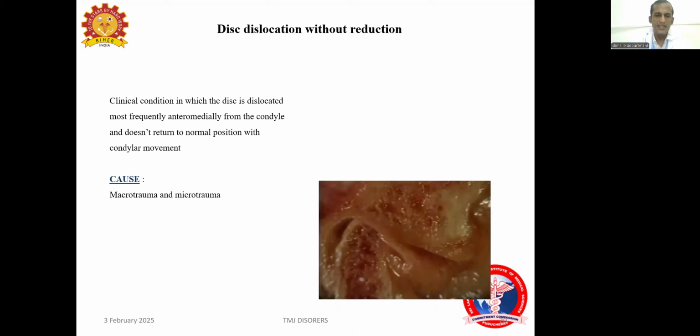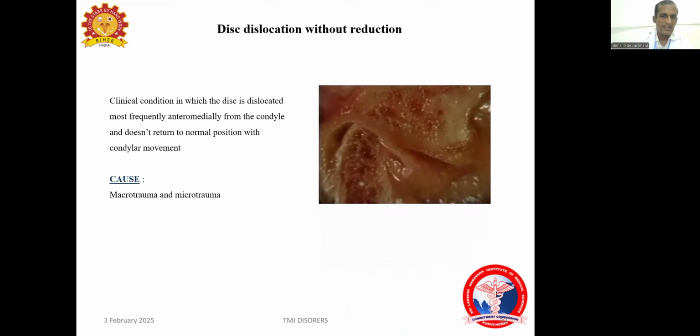Now when you see the picture, you can very well notice where the disc is dislocated, most frequently anteromedially from the condyle, and doesn't return to the normal position. This is with any major trauma. The main reason is any major trauma to the temporomandibular disc.